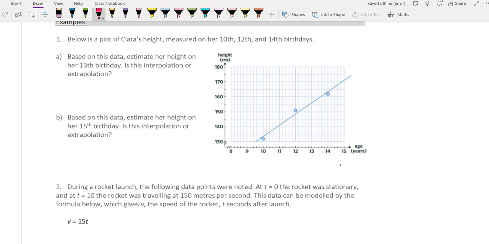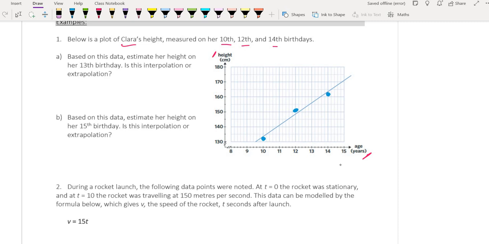So this data is about age and height for Clara, and it's measured on the 10th, 12th, and the 14th birthday. So the data that's given to us is one on 10th, one on 12th, and one on the 14th. Based off of these three data points, we draw a line of best fit, which is just here.